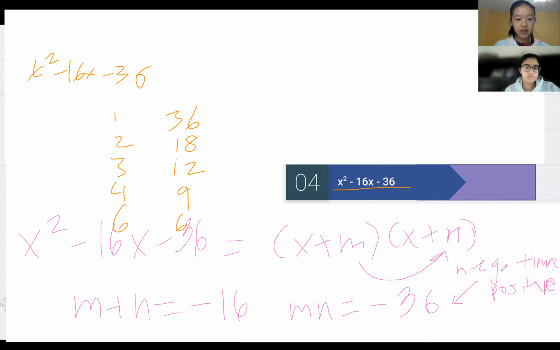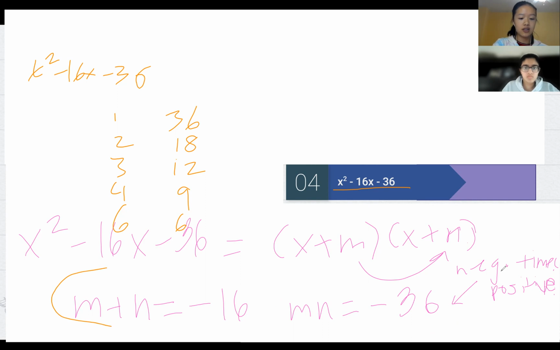So now we want a factor pair. One more thing. We want two things that multiply to negative 36, not positive 36, which means one of the numbers has to be negative. For example, if there were 1 and 36, it would have to be negative 1 and 36 or 1 and negative 36. It can't be both positive or both negative.